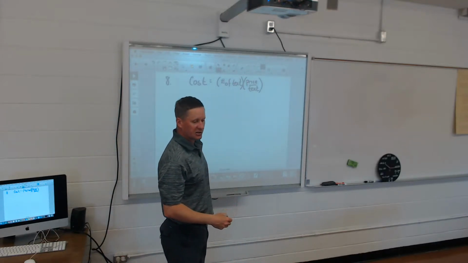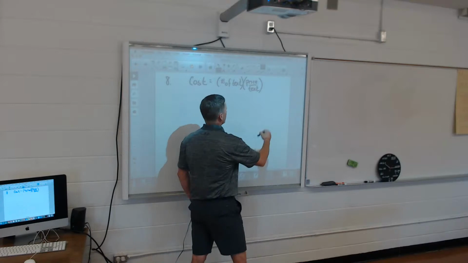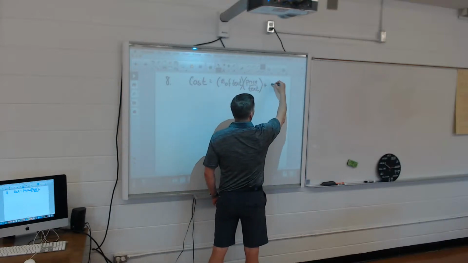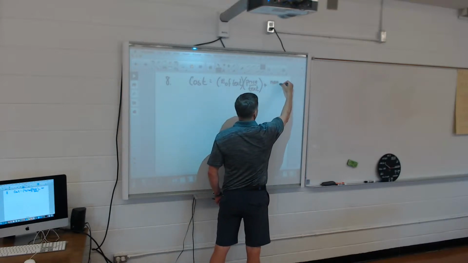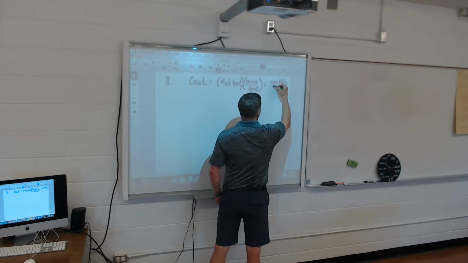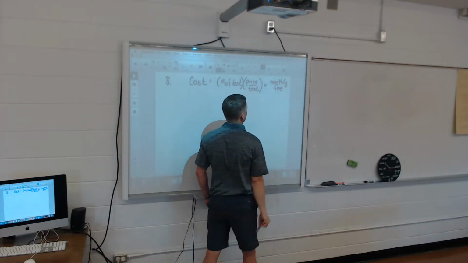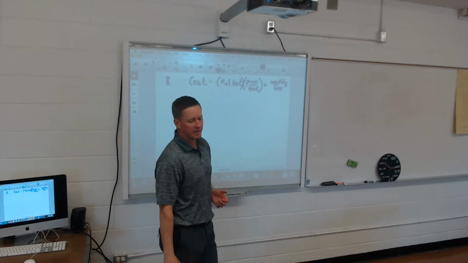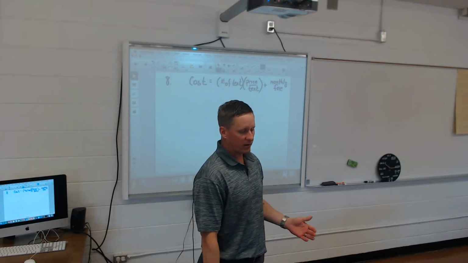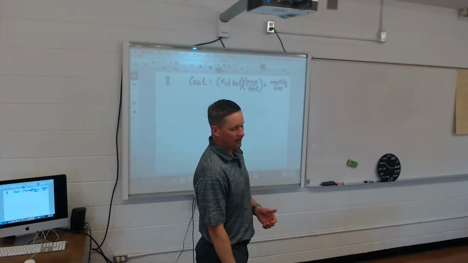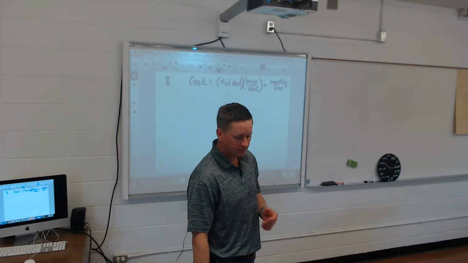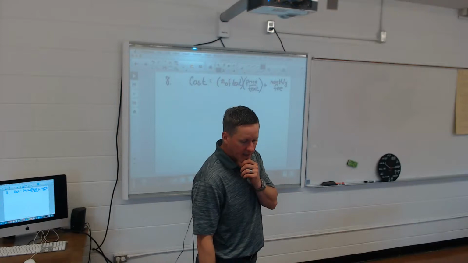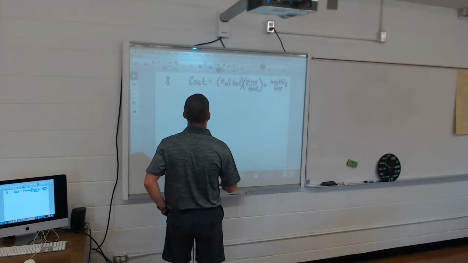Normally we would call that our slope. All right, plus our monthly fee. So the cost is the number of text messages times the rate, or the price per text, plus a monthly fee.